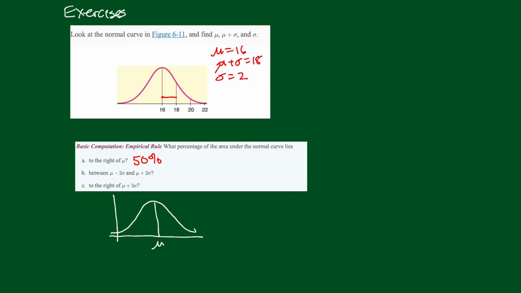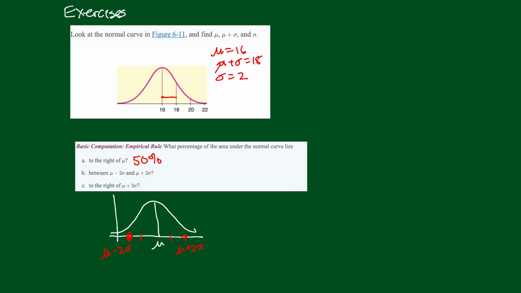Now, second part, how much area is between mu minus 2 sigma and mu plus 2 sigma? So if you go over 2 standard deviations, 1, 2, 1, 2. This one here is mu minus 2 sigma. This one here is mu plus 2 sigma.